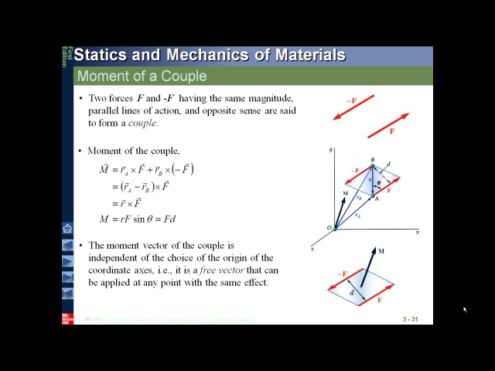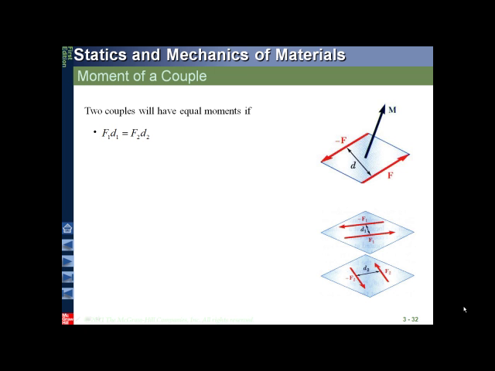So if you can imagine, the position distance down there is d, and if we could rotate d through an angle to the force that's labeled negative F, you could see your thumb pointing up or out, coming out of that plane, and that would actually be the moment vector.